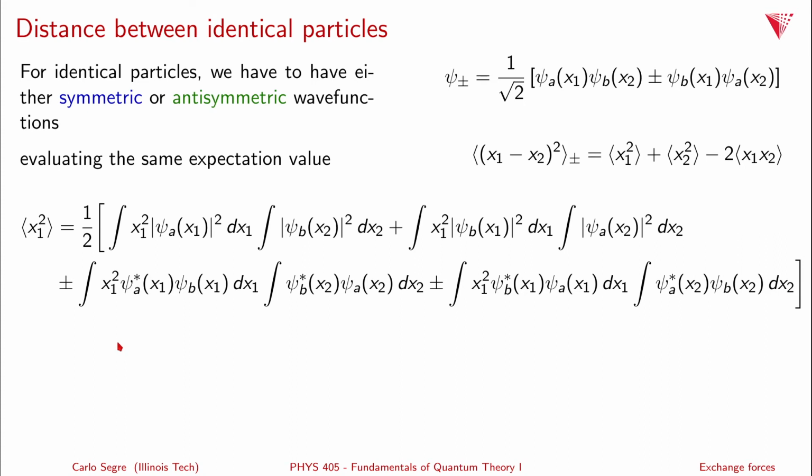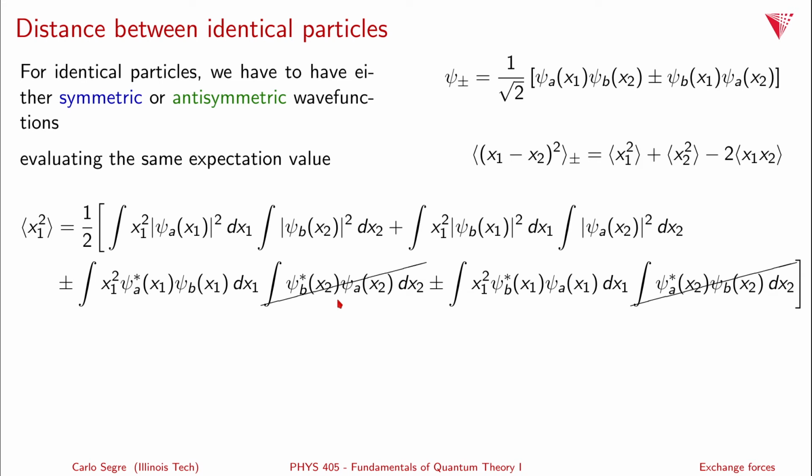Well, if you look at this, you realize that this is equal to 1 because it's just a normalization integral. This is equal to 1, so that's a normalization integral. And these two are not necessarily equal to 1. But if you look down at this term, you'll see that because these are orthonormal, this gives you 0. And this gives you 0, so the last two terms just go away.